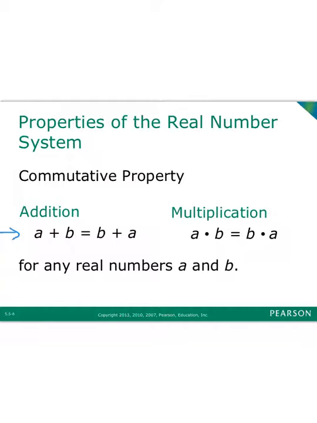The number on the left-hand side is going to be equal to the number on the right-hand side. The commutative property for multiplication is very similar, except we use the multiplication symbol. So in this particular case, we have a times b is equal to b times a. That makes sense since the number on the left-hand side is going to be equal to the number on the right-hand side. And this is for any real number.